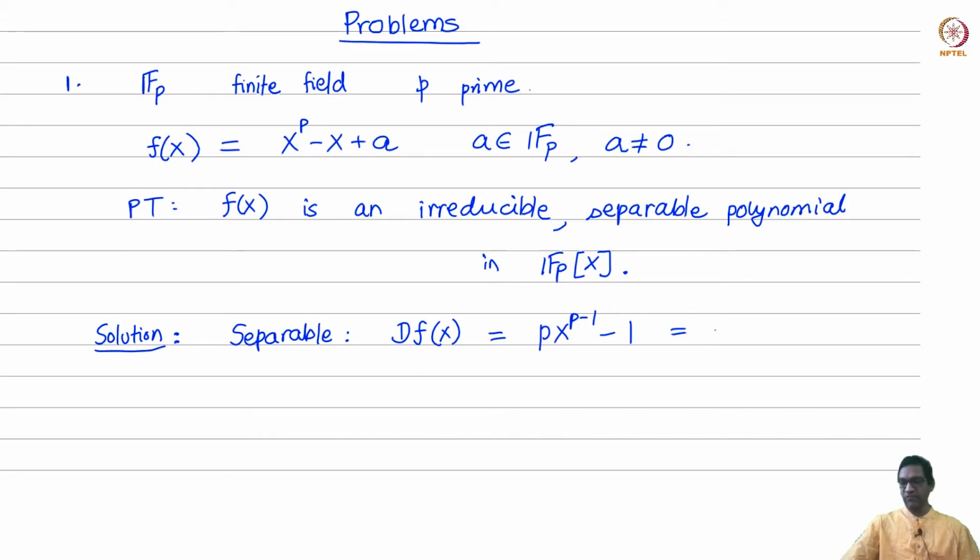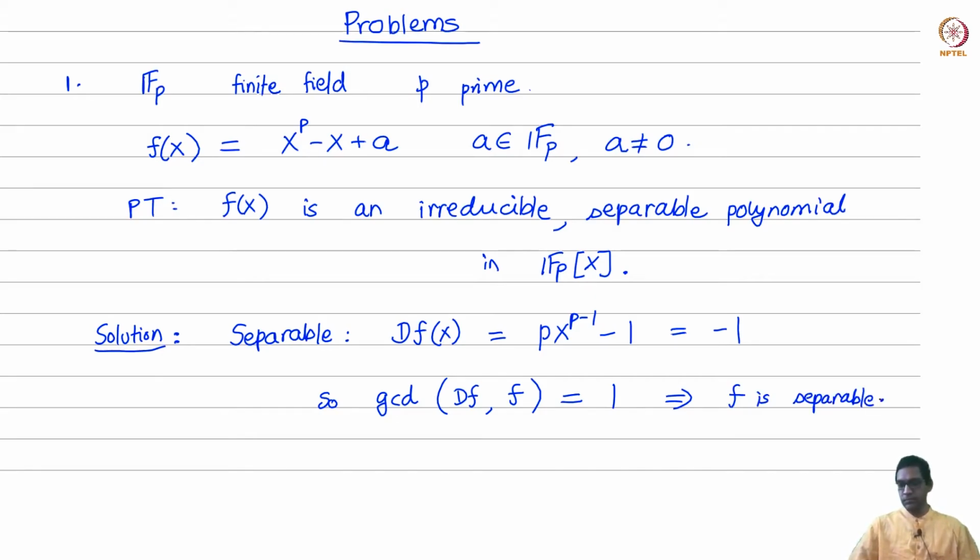But remember, we are over Fp, and so p times anything is just 0. So that first term vanishes, and this is just the polynomial minus 1. Obviously the GCD of f prime with the original polynomial f is clearly 1, and so of course this means that f is separable.